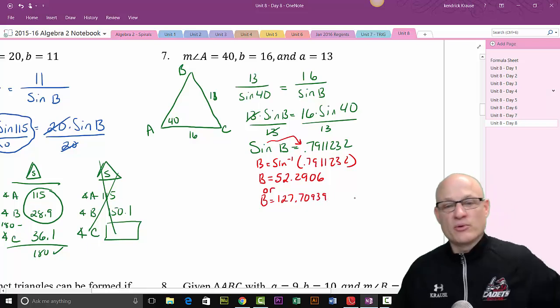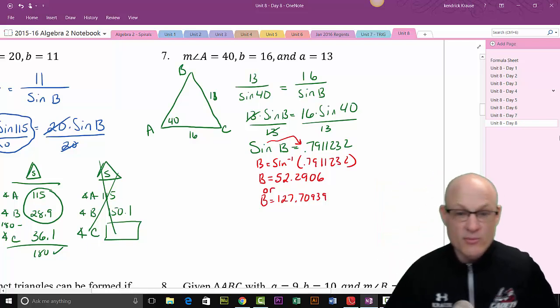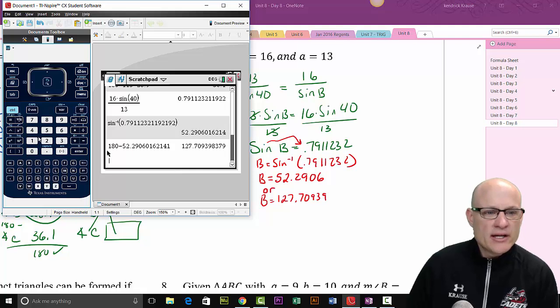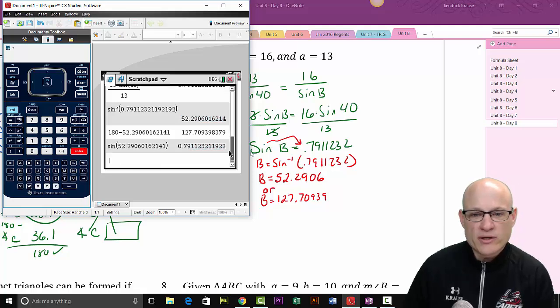Now, I know you don't believe me, so here's what I'm going to do. Well, maybe you do. Maybe you're smart enough to believe me because you know I'm smart. I wouldn't lie to you, but check this out. Let's do the sine of this first angle we came up with, 52.2. It should come as no surprise that you get 0.79113.